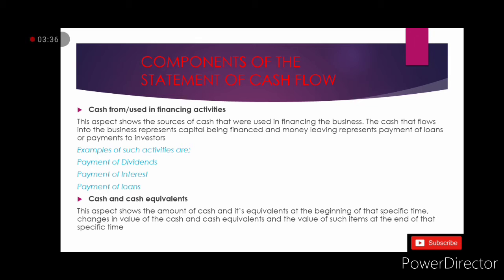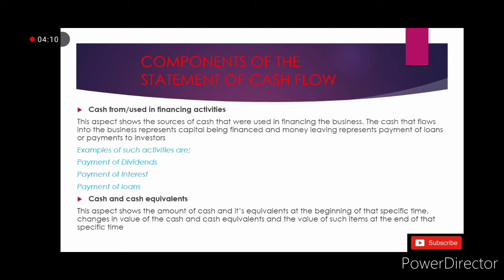So we'll understand that this entire process of cash flow, like we mentioned earlier, is all about money moving in and out of the business, entering and leaving the business. This last aspect of the statement of cash flow shows the amount of cash that was there at the start of this period, and the change in value of these cash and cash equivalents, that is, when the money was moving around the business during that time.